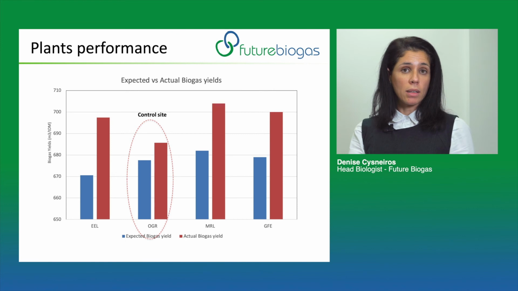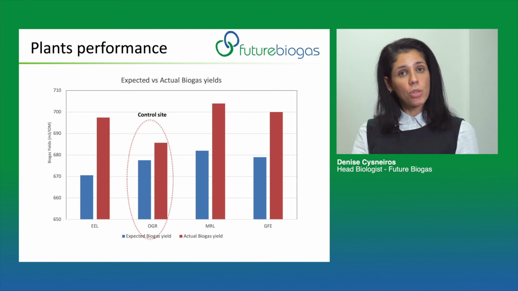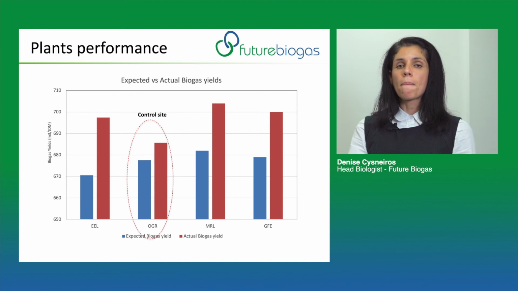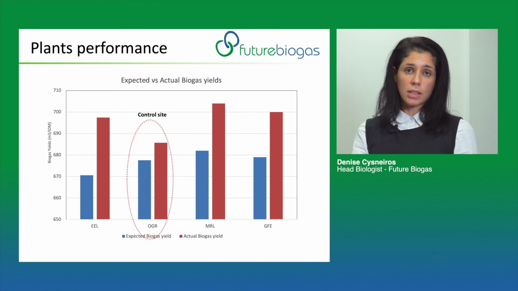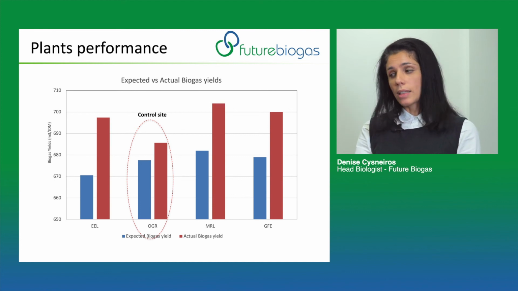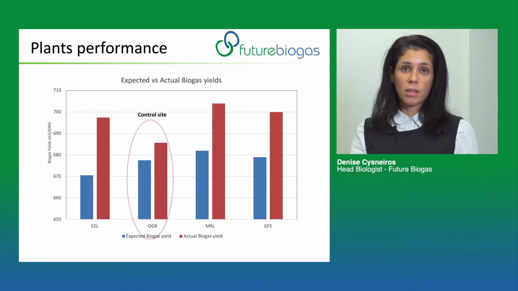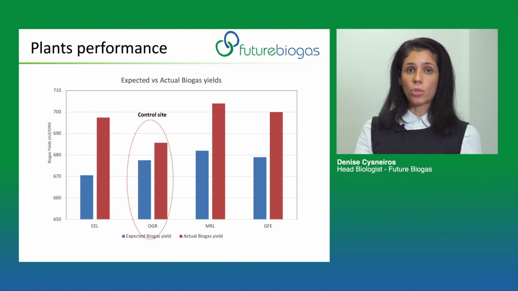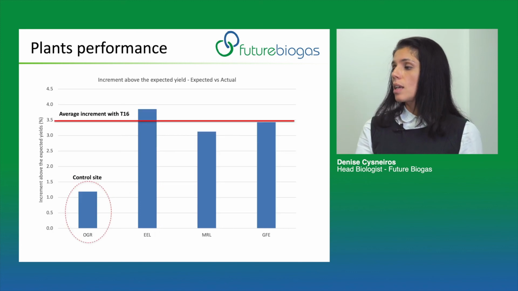Obviously, the expected biogas yields are based on some assumptions on feedstock, on conditions of your site, like retention time and temperature. But considering all that, once more, the T16 sites outperformed the control site. So the increase in actual biogas yields compared to the expected was higher on the sites where you had the T16.